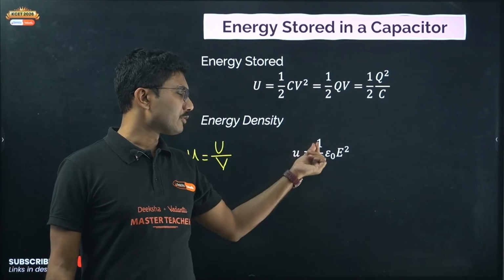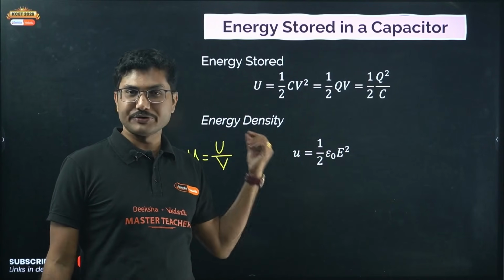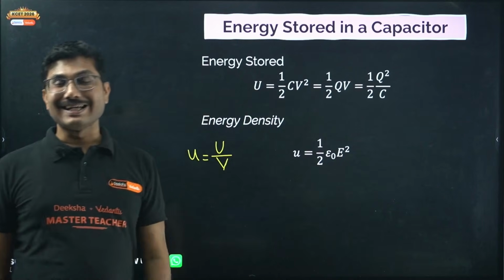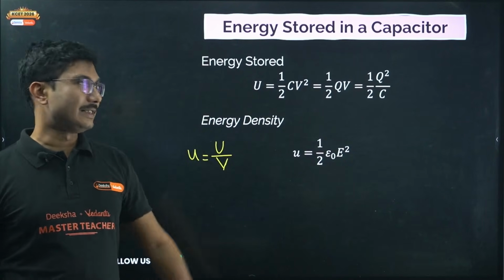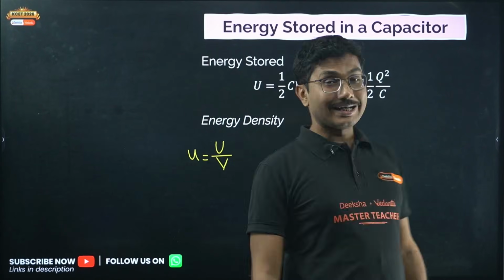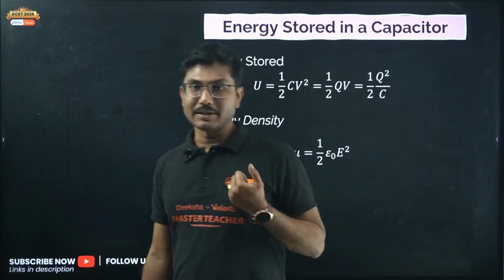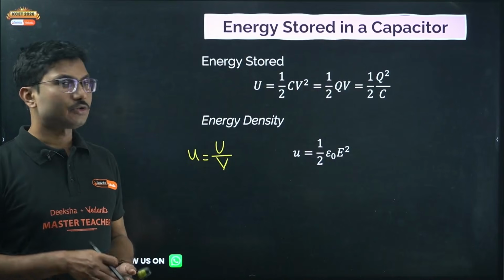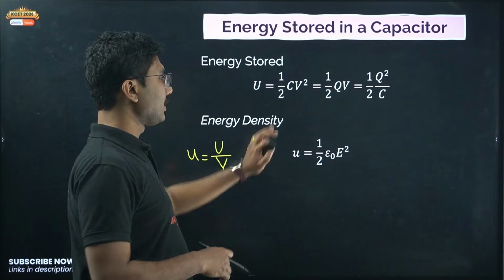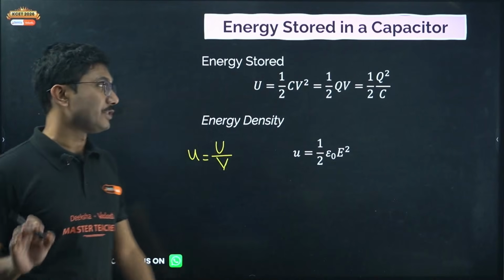So small u equals half epsilon naught E square. Small u is the energy density, epsilon naught is free space permittivity, and E is the electric field between the plates. Electric potential energy stored in a capacitor is basically in the form of electric field. The stronger the electric field, the more energy it can store. So this is the main theory portion of this chapter.